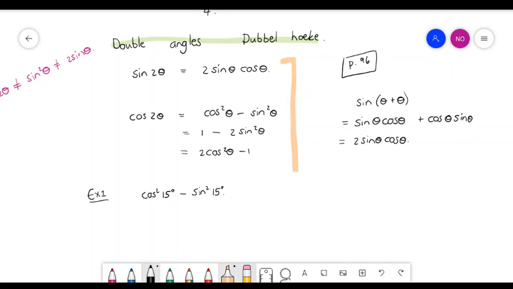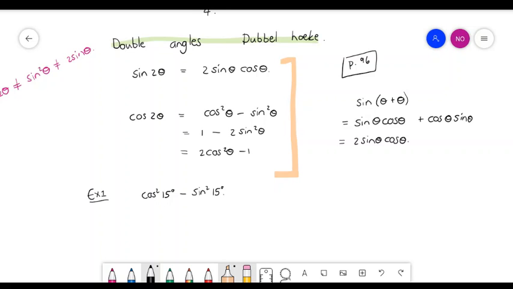As ons kyk na daai 4 uitbreidings wat ons het, lyk een van hulle soortgelyk aan dit wat ek al onder neergeskryf het. Which one? Count them 1, 2, 3, 4. Which one? The second one, né? Do you guys agree? Cos squared theta minus sine squared theta looks similar to this. Cos squared 15 minus sine squared 15.